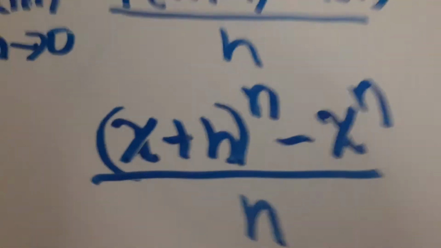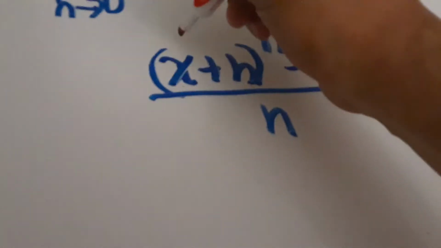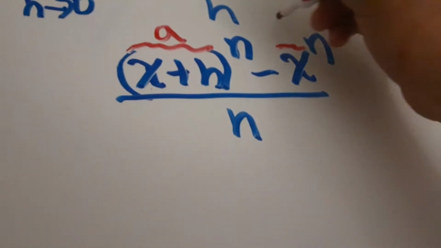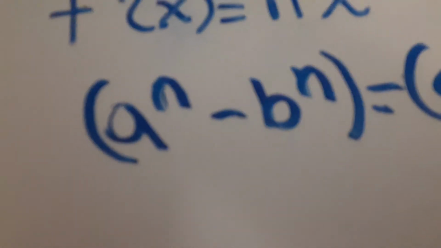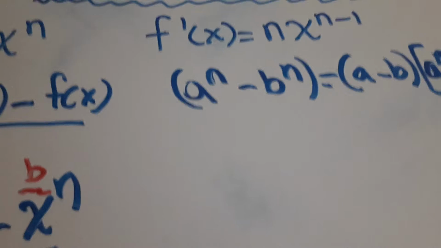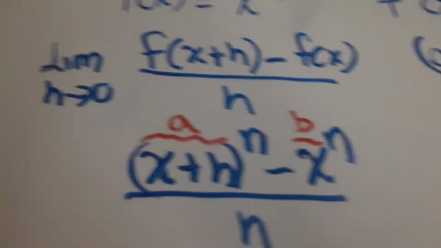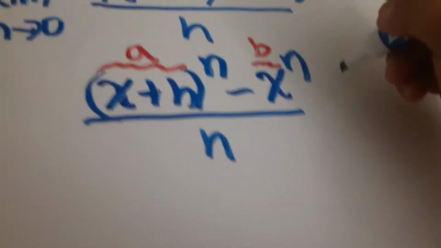I'm going to label this one as my a, and this one as my b. See? Because I want to compare with this, they look very alike. And then I'm going to follow that. The first term is going to be what? A minus b. So a is x plus h.